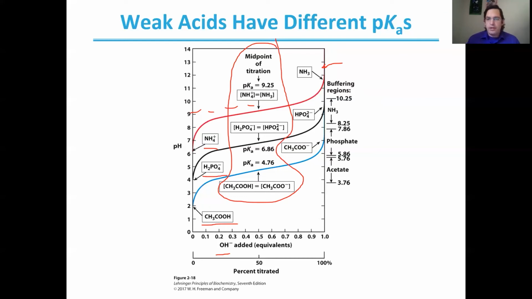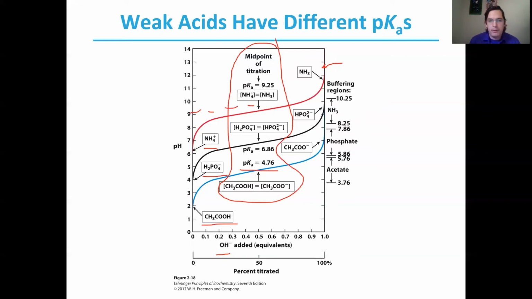So these sort of titration curves, right, they can show us very clearly what that relative ratio will be of our weak acid to our conjugate base at a specific pH value. They also show us how that pKa relates to that ratio between our weak acid and our conjugate base.